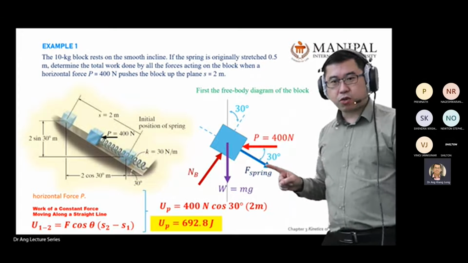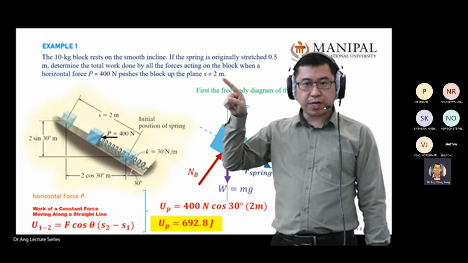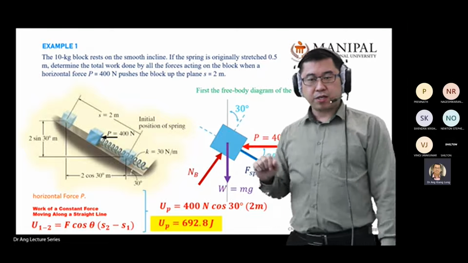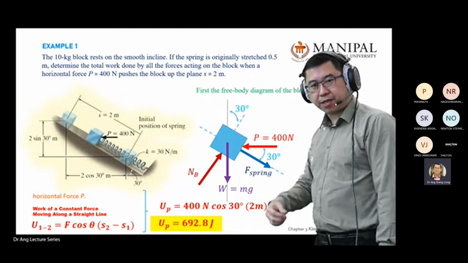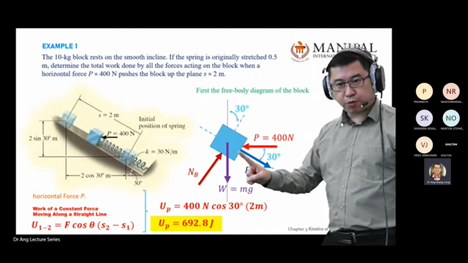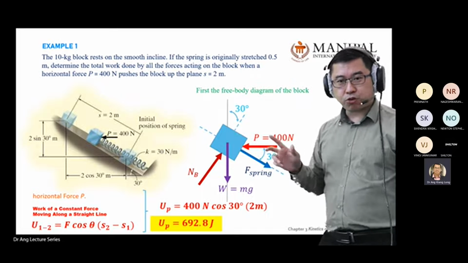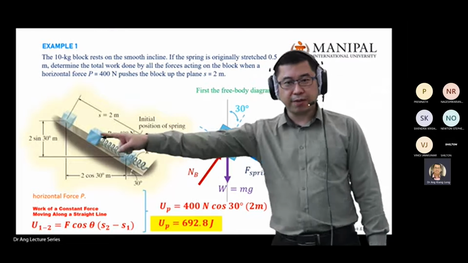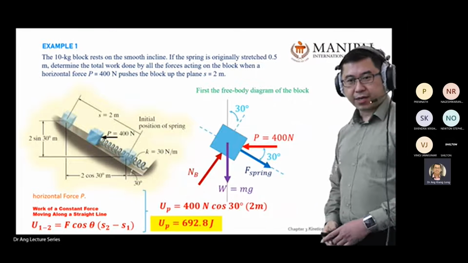Why do I draw it pulling out? Because I follow the question. The question asked me to focus on 2 meters. So what happens when I am at 2 meters? I feel that the spring is actually pulling me, so I have a force pulling from this point. This diagram I draw based on location number 2 here and not 1. Okay?